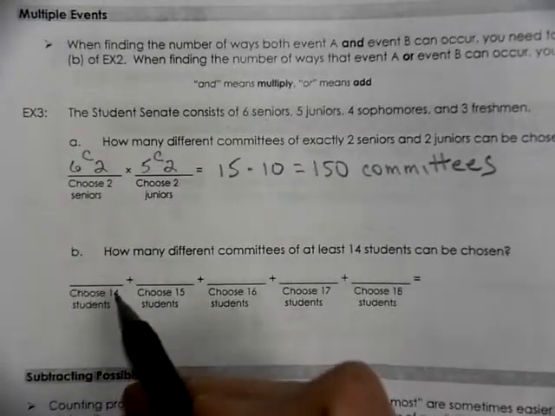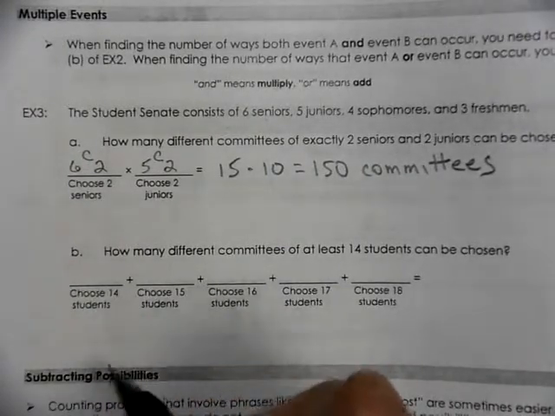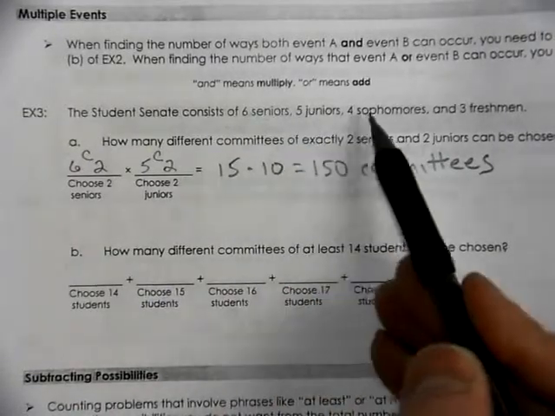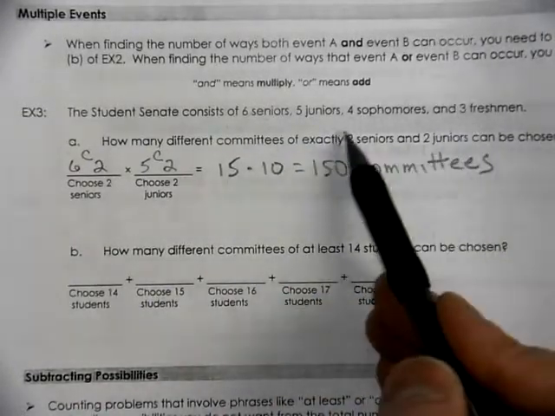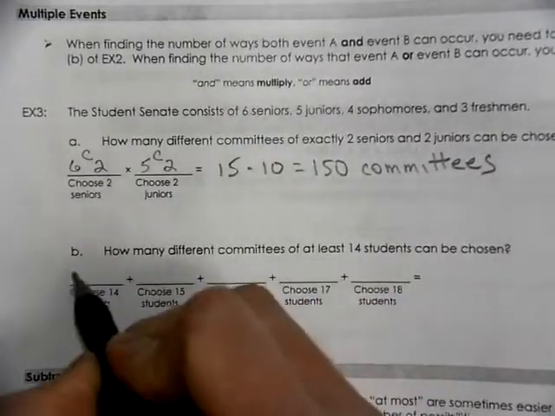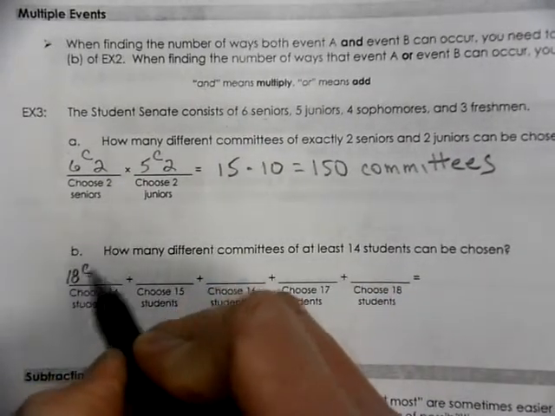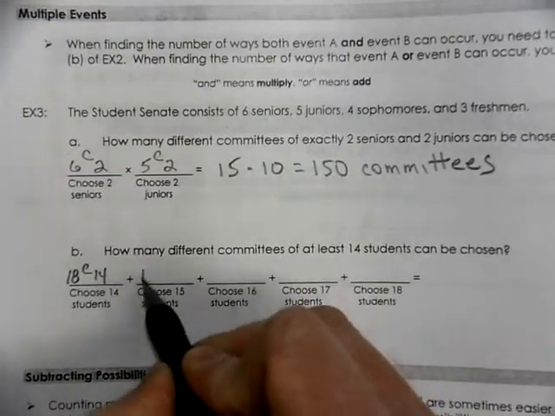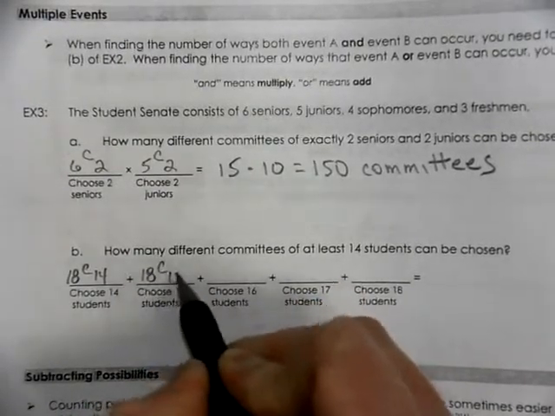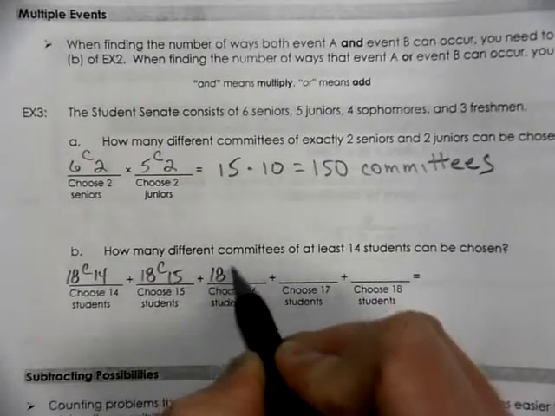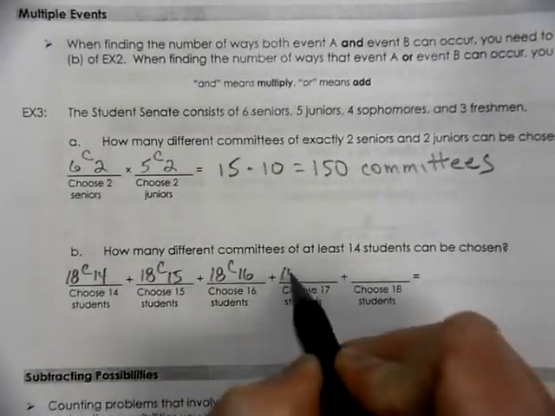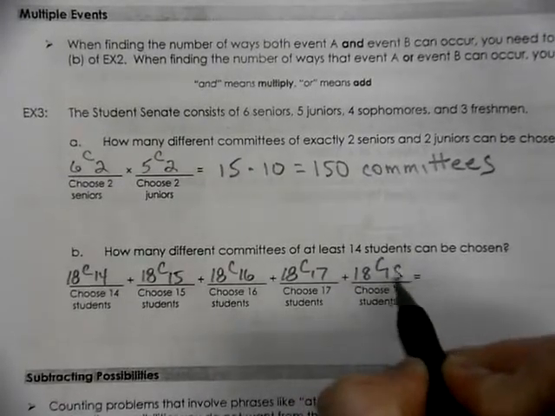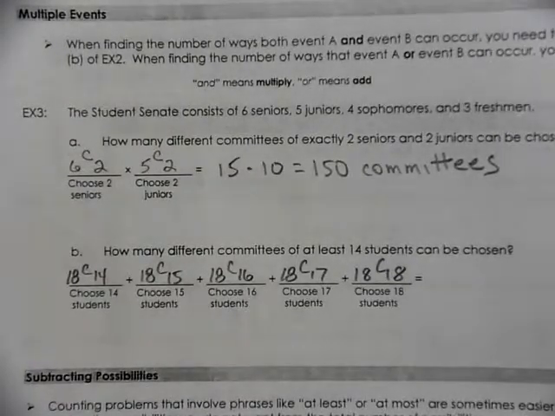So we first need to figure out how many students are possible. When we look up, we see that there's 6, there's 5, 4, and 3. That's 18 students possible. We have 18C14, or we're going to choose 15 of those 18, or we're going to choose 16, 17, or we're going to choose 18.